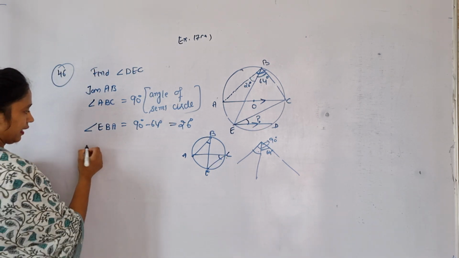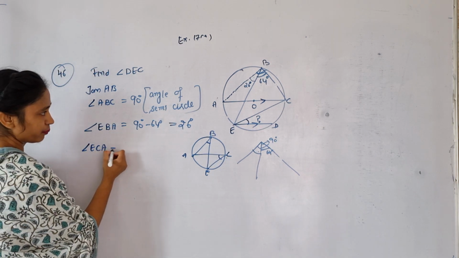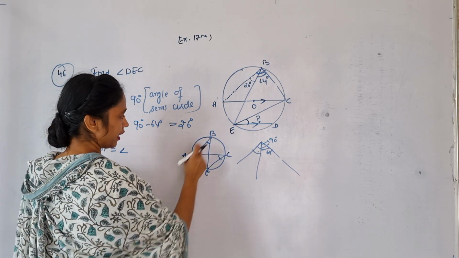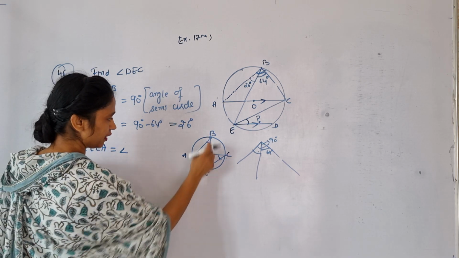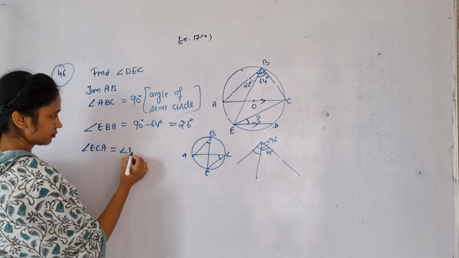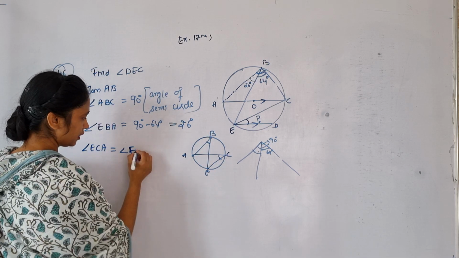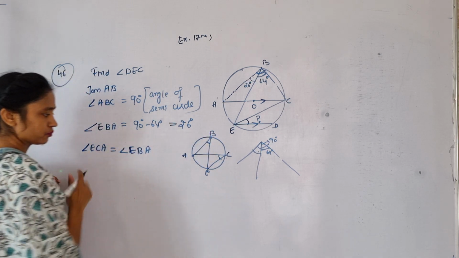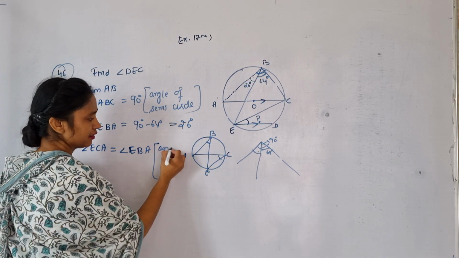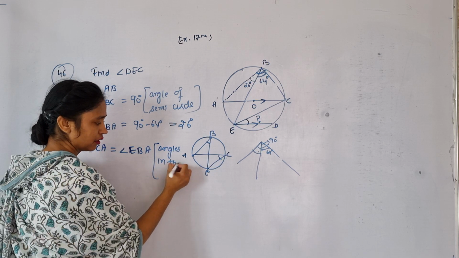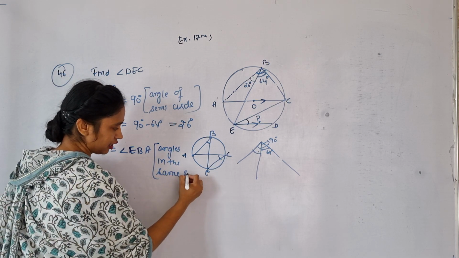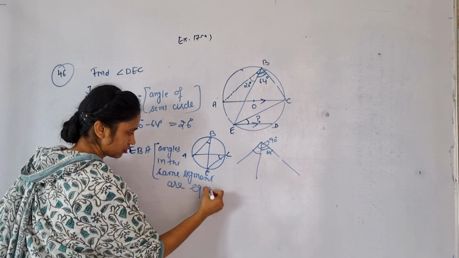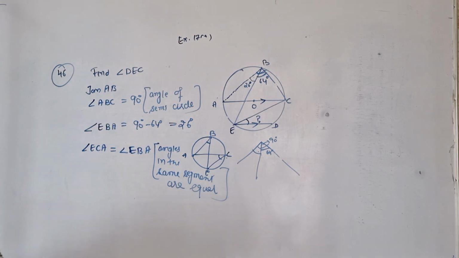Angle ECA will be equal to angle EBA. What is the reason? Angles in the same segment are equal.